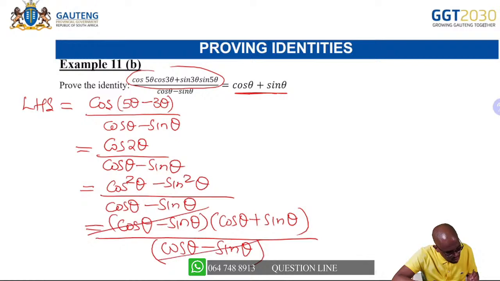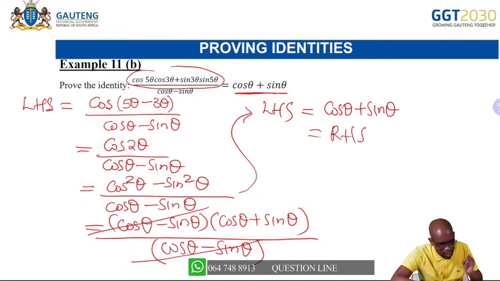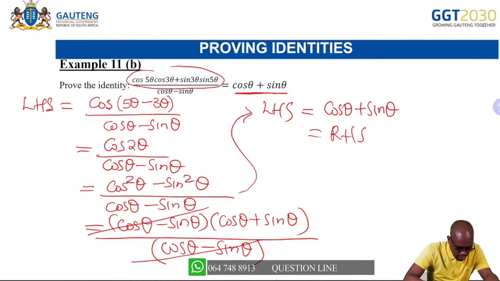So these two are going to divide out. You are going to get that the left hand side, if you continue with it here, is given by cos theta plus sin theta, and this fortunately is also equal to the right hand side. Right, good people, that's the identity there.